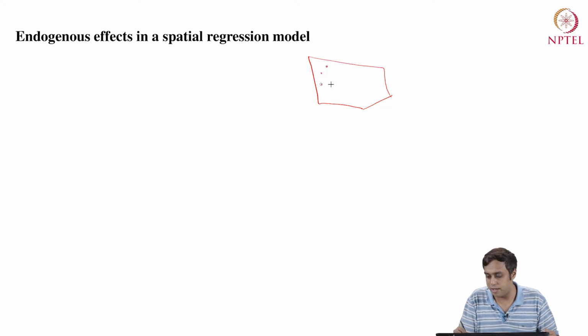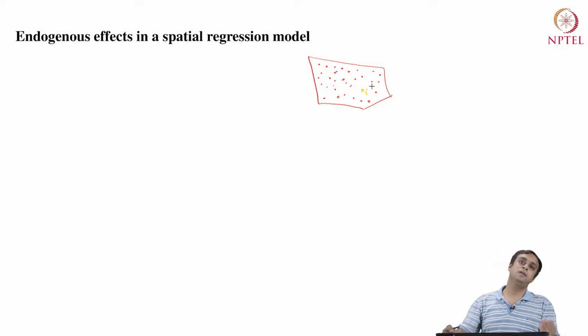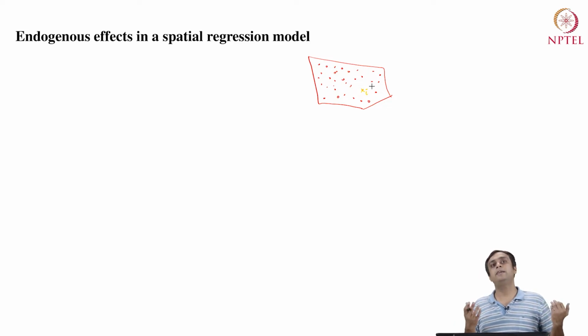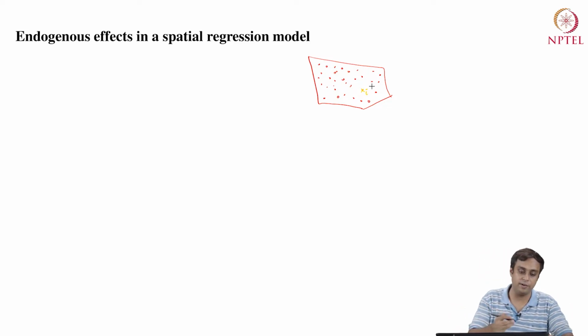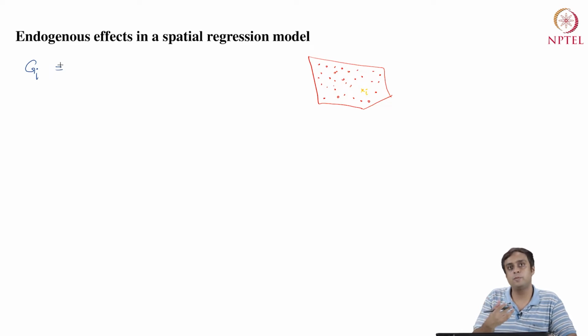So let's think about the groundwater data that we have worked with till now. Let's say there is a spatial domain of interest as exhibited in front of your screen, and I am interested in explaining the groundwater depletion or groundwater depth at each location I in the domain of interest at any given point of time. So I have a model G_i is equal to, I am going to use spatial weights to specify a spillover effect.